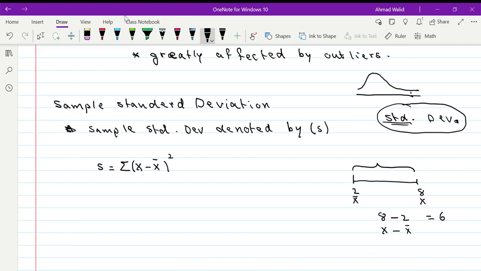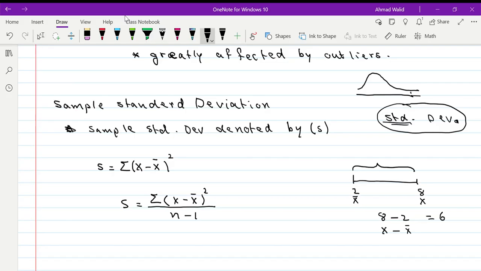Now, when I talk about standard deviation, then the sum of this distance, x minus x bar, all squared, because we are looking at the average distance, then divide by the number of our data, but here minus 1.